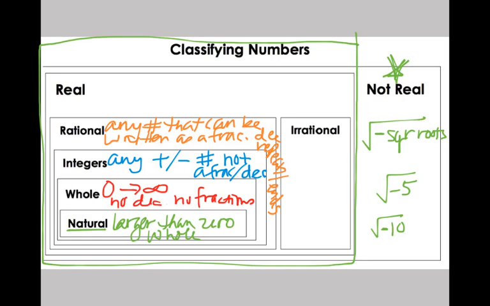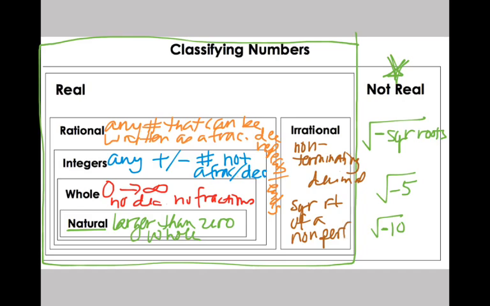An irrational number would be a non-terminating decimal, square root of a non-perfect square. Okay, so come up with some examples of irrational numbers.